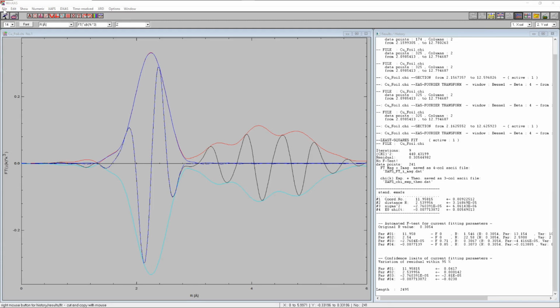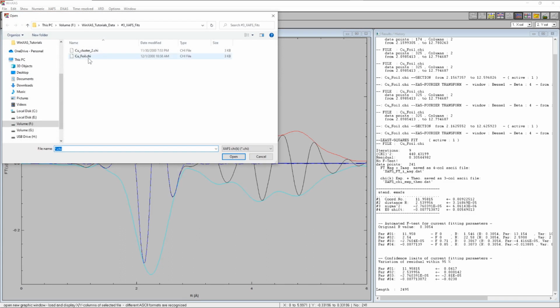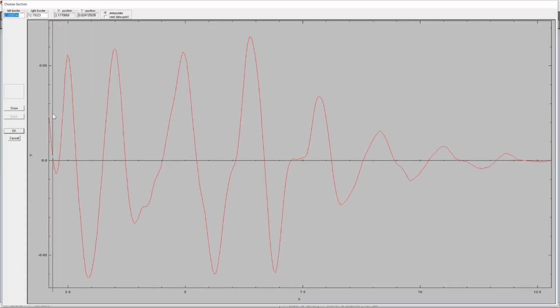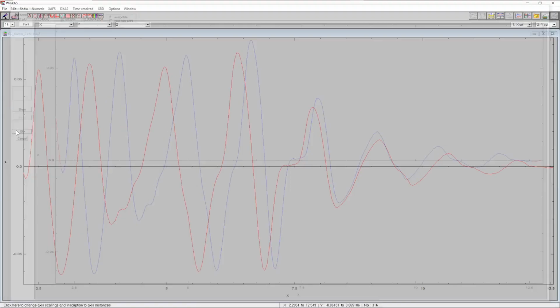So next is the experimental chi of k of copper clusters. We select those. Similar to the copper metal foil, we need to shorten the range a little bit, so we just cut a few data points left and right to make sure that the experimental phases and amplitude have a larger range or the same range as the experimental chi of k.